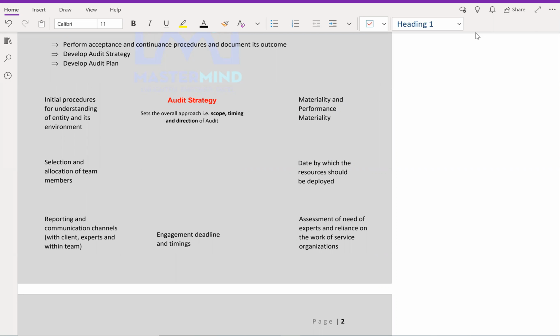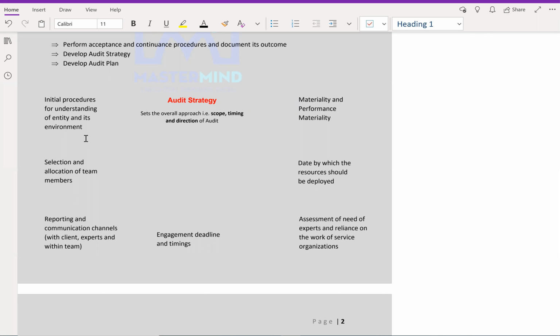Not just the control environment, but the business environment as well, the economic environment as well, right? So you perform initial procedures for understanding of entity and its environment, we studied in the last lecture, right? Selection, allocation of team members, you need that. Reporting and communication channels with client, experts, and within team.